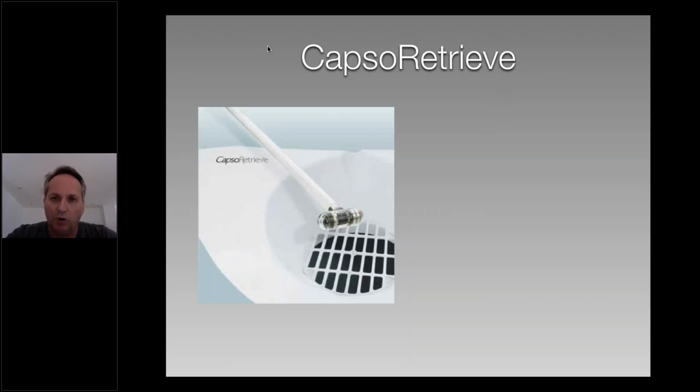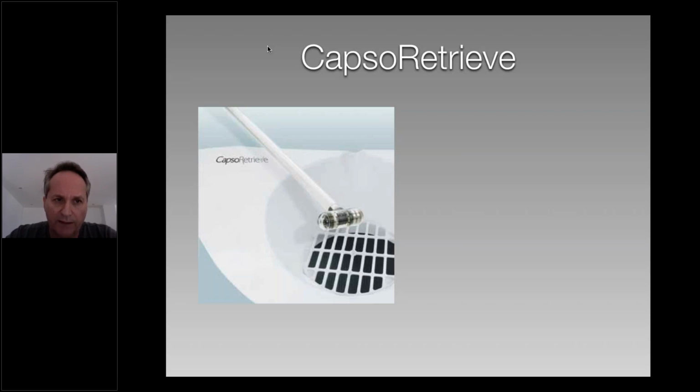Because of the onboard storage, we need to get the capsule back. So we need the capsule retrieval system with the pan. The pan is fitting to every toilet.